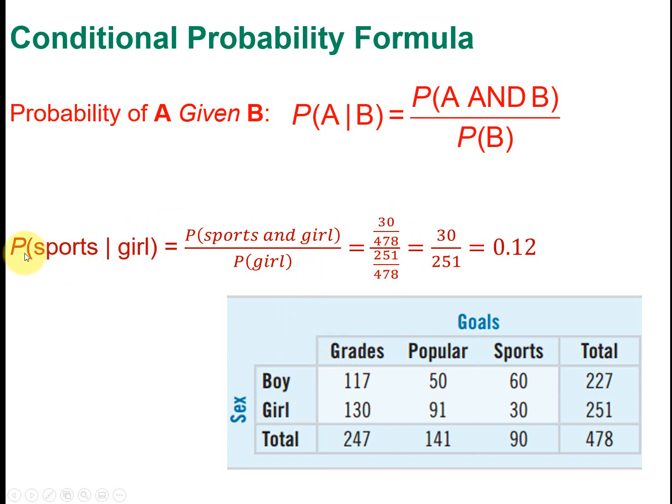So our probability of a girl being selected is 251 divided by 478 right here. And the probability of sports and a girl occurring or being selected is 30 divided by 478. Well, the 478s cancel out, and it just equals 30 divided by 251, and that equals 0.12.